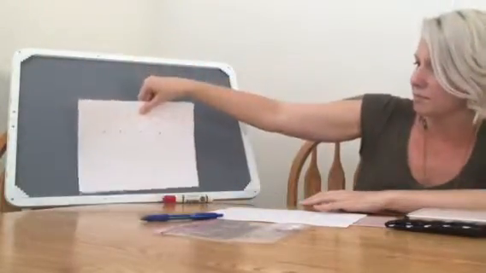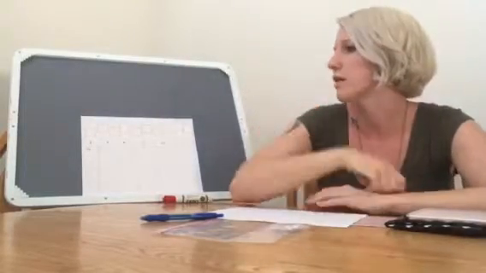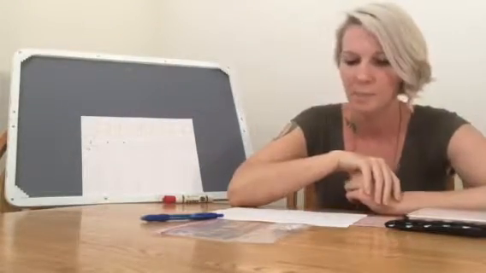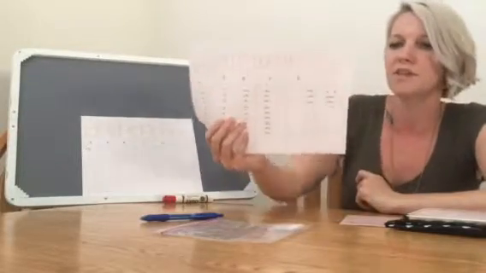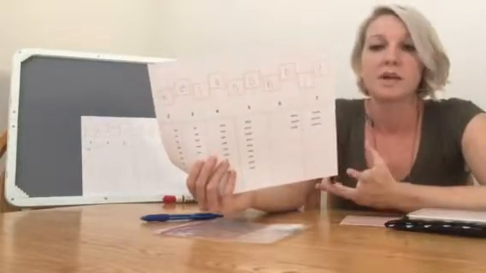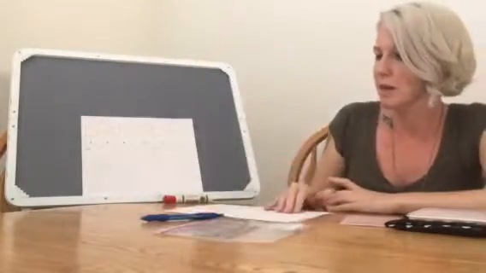So either way, they can just use their journals and create columns and write down the words that they come up with. And then finally, I do have a teacher copy, just so that I have some words on hand at the end when we start sharing the words that we come up with.